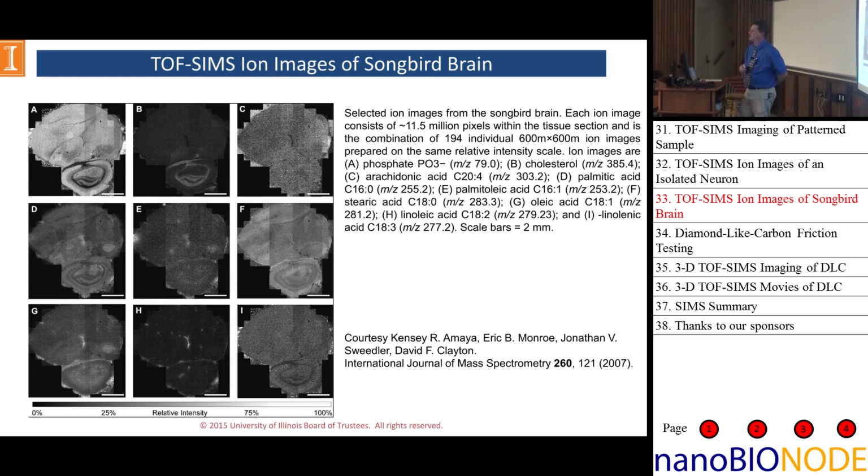One of the things they were trying to look at is that if a male songbird isn't taught to sing by other songbirds by a certain age, it'll never learn to sing. So they're looking at differences in the brain chemistry related to that. They found localization of certain fatty acids in the RA and HVC sections of the brain when the bird is able to learn to sing, which don't exist in the birds that weren't learning to sing.